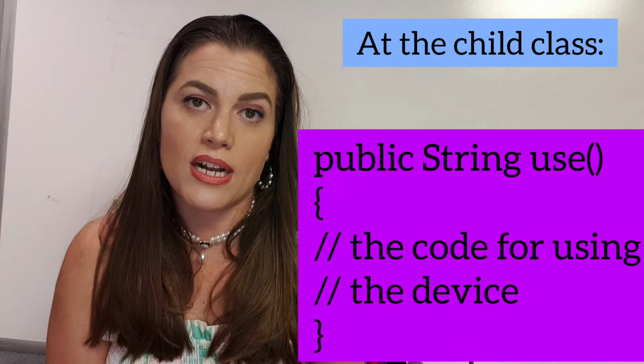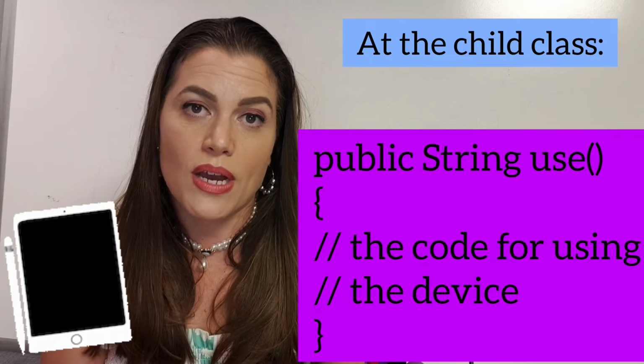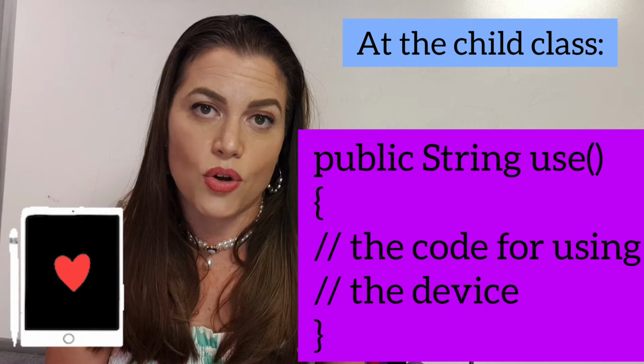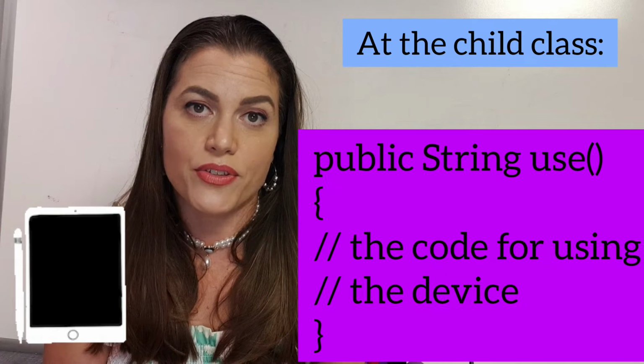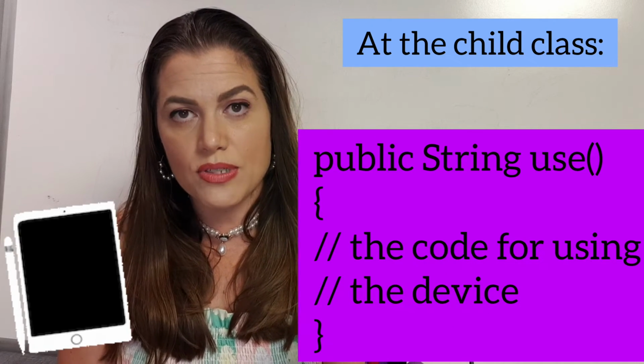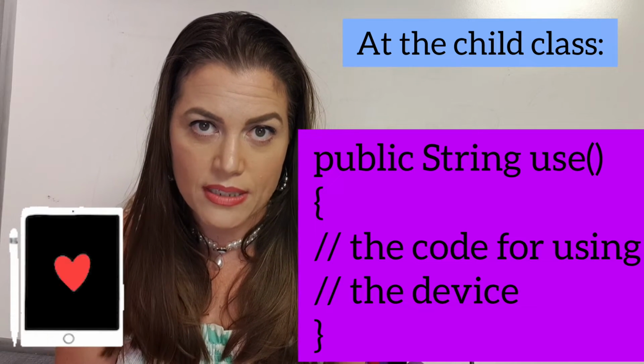And the child class tablet is also going to have code for the method use, and in the tablet it's going to say how I'm surfing the internet with it.